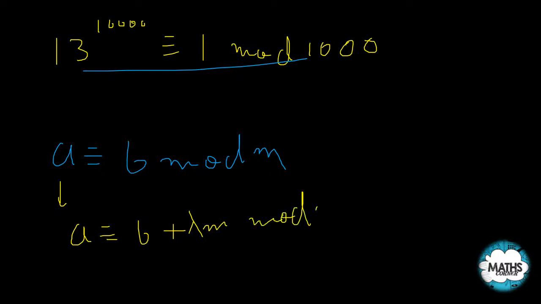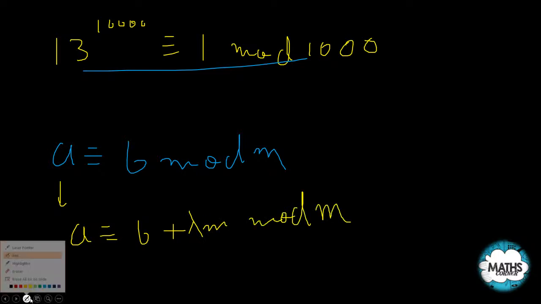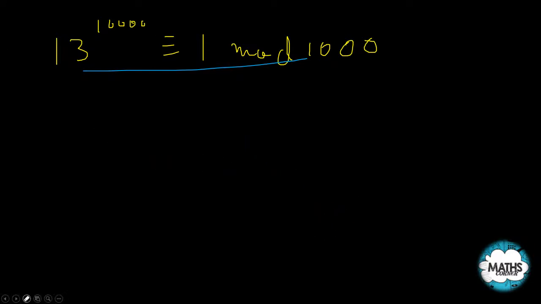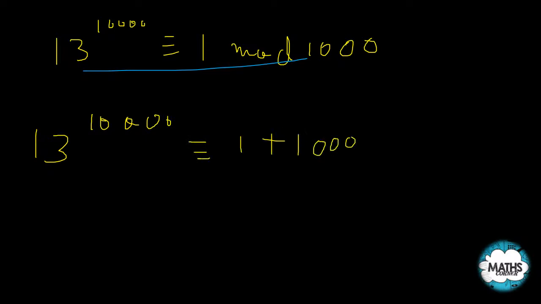Here also I will use this property. I can add a multiple of 1000 to 1 such that this 13 can get cancelled out. So 13 to the power 10,000 will be congruent to 1 plus 1000, which is a multiple of 1000, mod 1000.